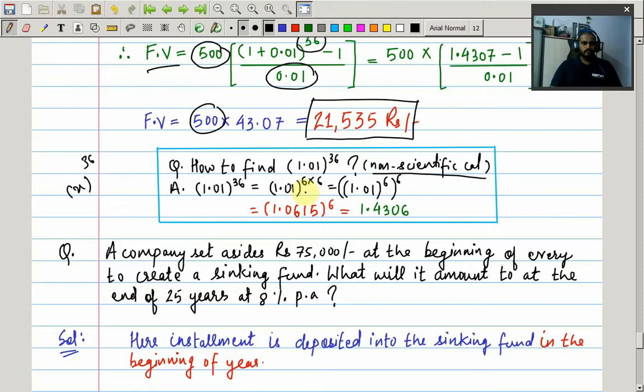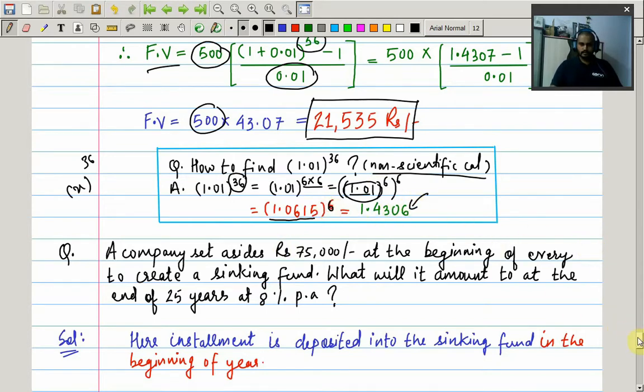But I have given one basic thing. You cannot press 36 times, but you can press 6 times and 6 times. So you can write 36 as 6 by 6. So find the 6th power of 1.01, which is 1.0615, and then find its 6th power. That's easy. You can do that.